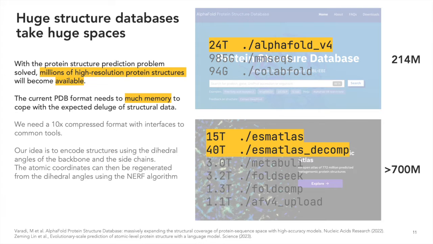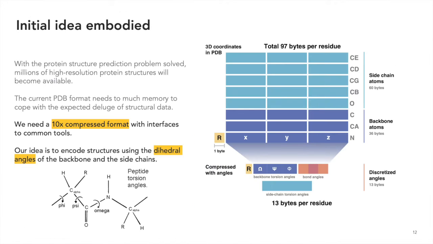The problem is that the current PDB format needs much memory to cope with this kind of database. It takes 23 terabytes for AlphaFold and 15 for the compressed ESM atlas. Therefore, we designed a compressed format that is 10 times more efficient than just saving the floating point numbers of atom 3D coordinates.